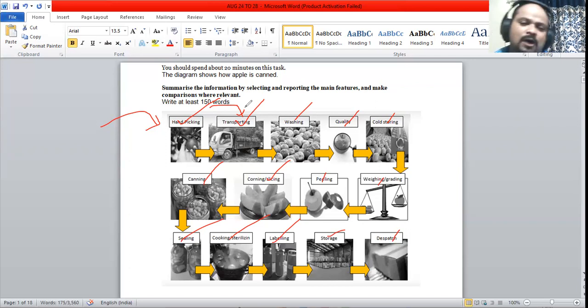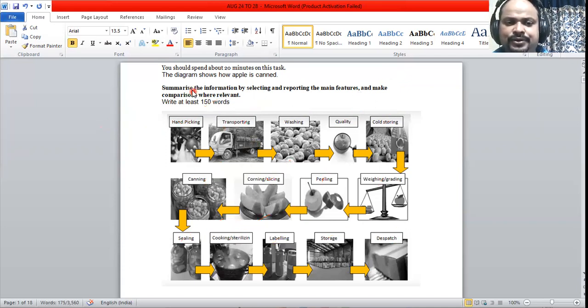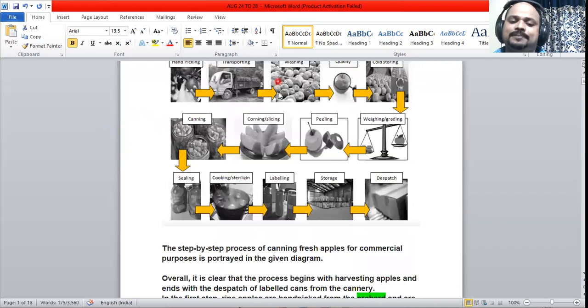Okay, so let's go ahead. What is the introduction? Here the question is, the diagram shows how apples are canned. The introduction here: the step-by-step process of canning fresh apples. Why fresh? Because you hand pick it.